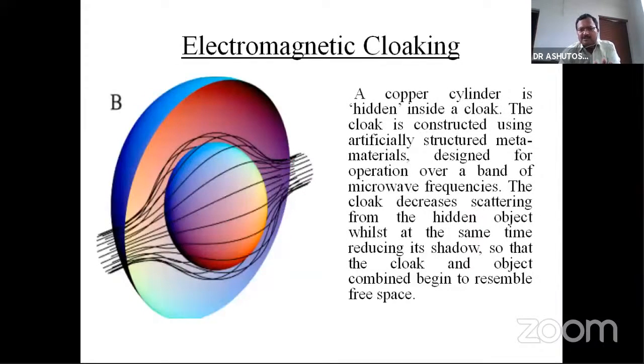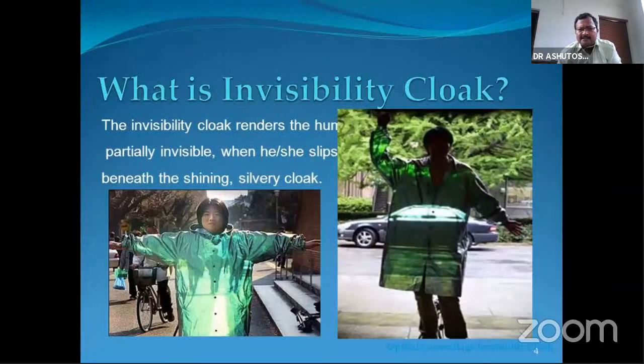If you see this picture, an object is inside a cloaking device, and when the electromagnetic wave goes inside, its path gets bent and then is restored after the structure. So we cannot see what is hidden in this cloaking device. This is one of the beautiful pictures we have taken from the internet.